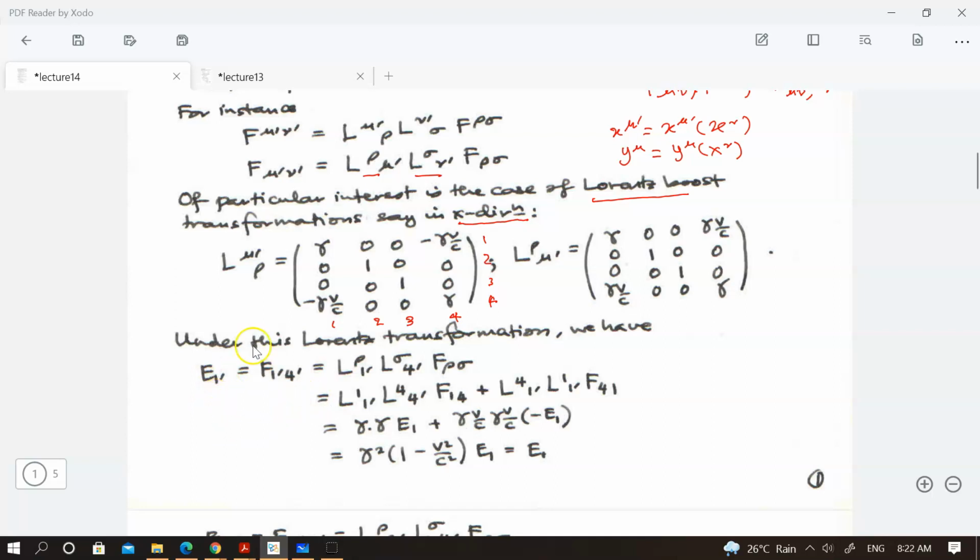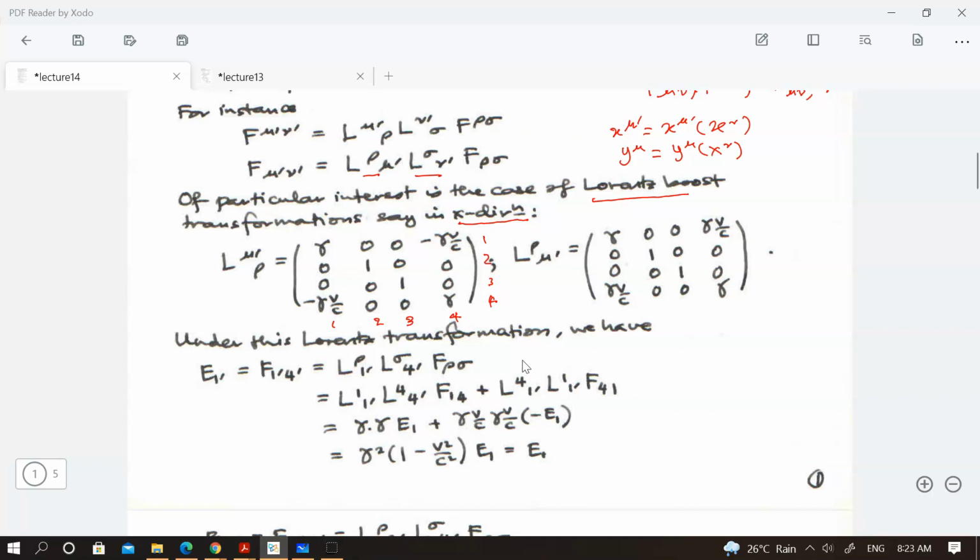So just plugging into this equation over here, I have mu dash to be 1 dash, nu dash to be 4 dash, and then we have the dummy indices rho and sigma that stay as they are at the moment.